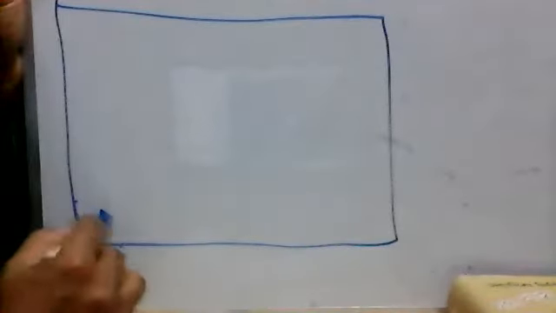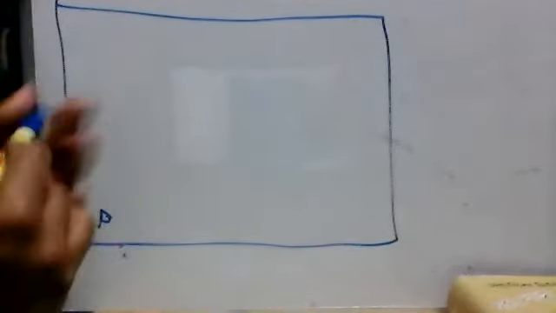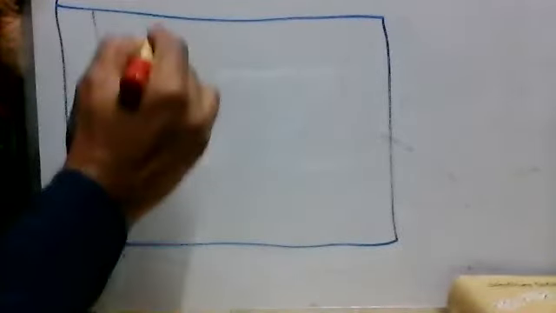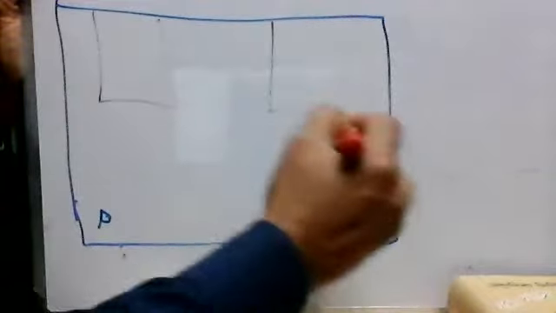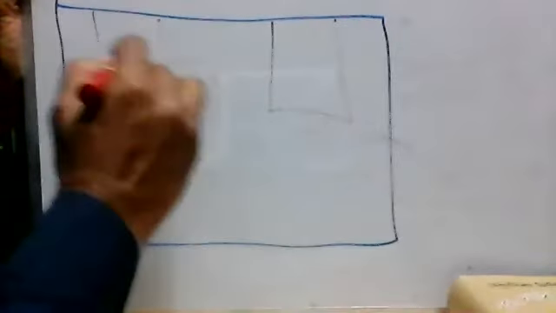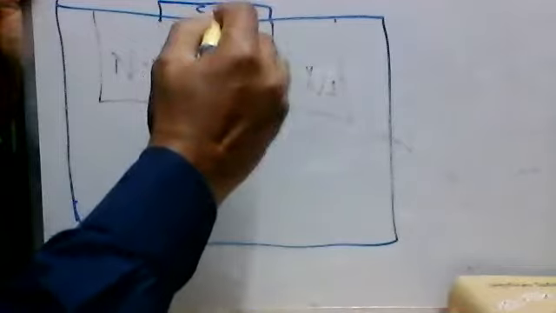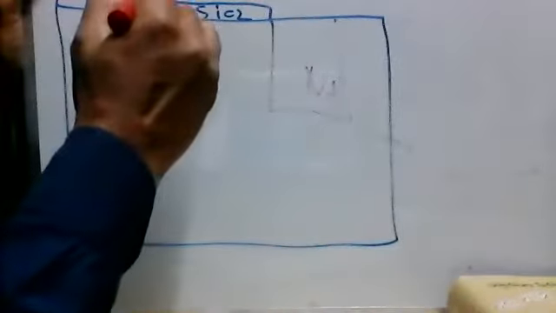See here, the most important thing here is how does it work. So this is a P-type substrate, and we put in here N plus and N plus, and then we put silicon dioxide layer, and then on top we'll put a polysilicon.